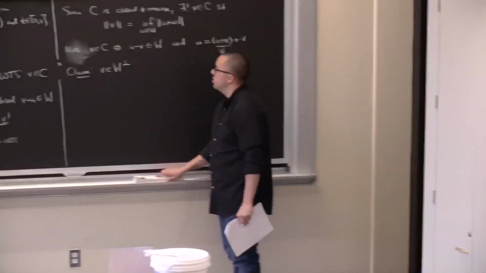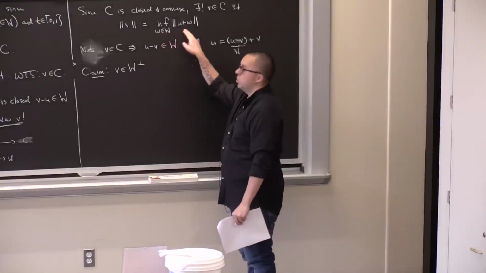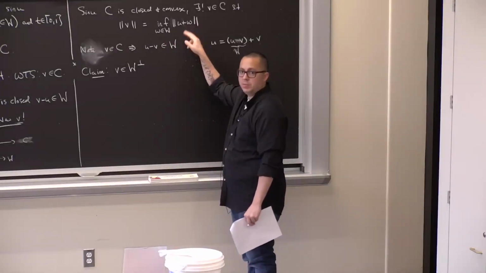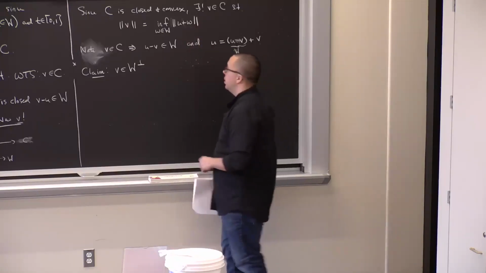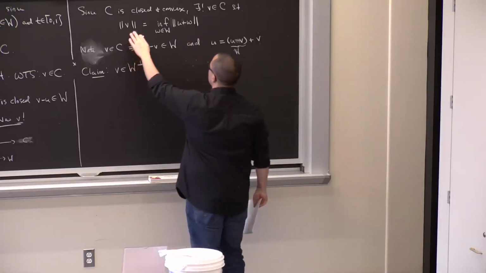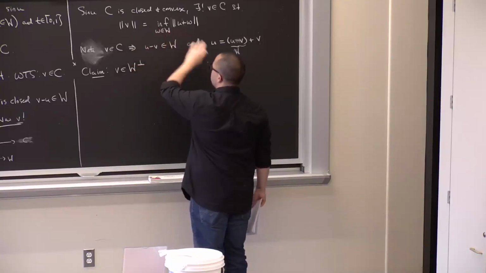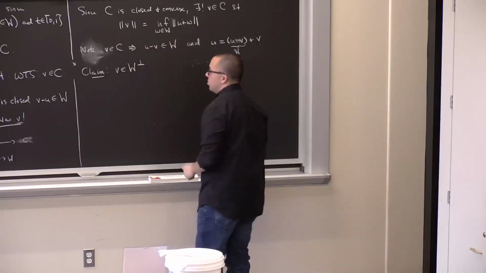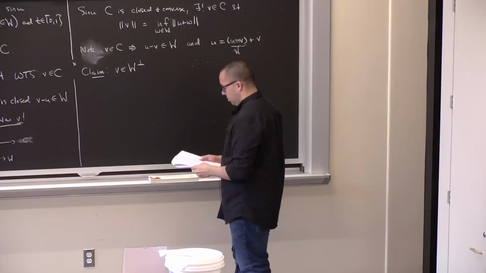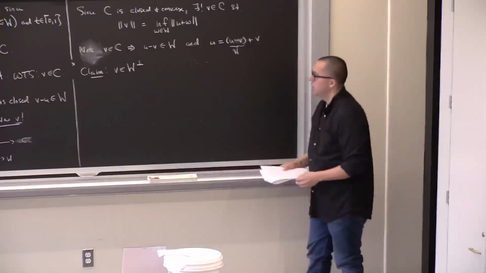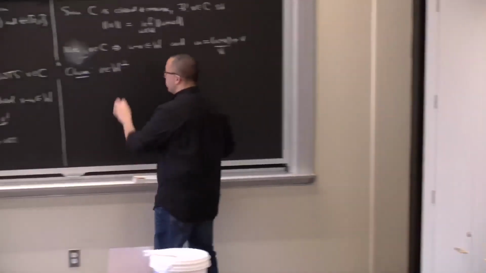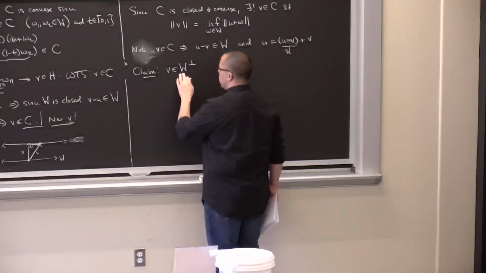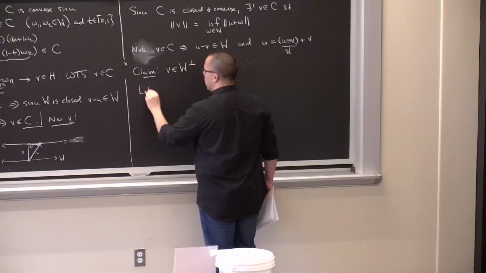In any case, V being the infimum of this implies that V satisfies certain equations. Okay? In classical mechanics, those equations end up being the Euler-Lagrange equations. But anyways, I claim V is in W perp.